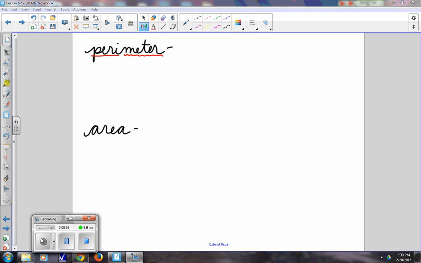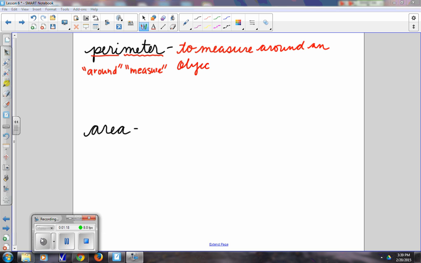So it kind of means around measure. So to measure around an object, mostly rectangles and squares.